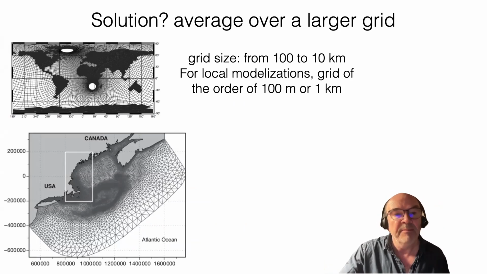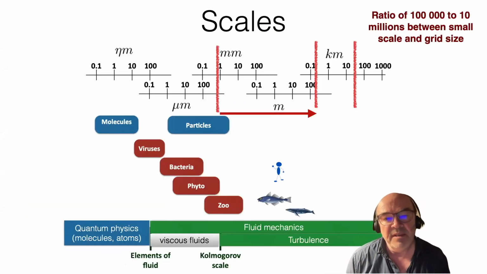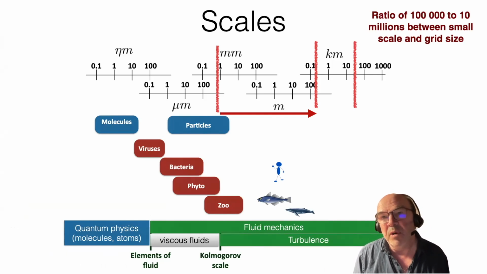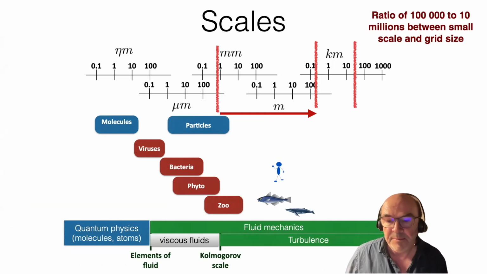So the real dynamics of the system should be resolved at the millimeter scale, which is the Kolmogorov scale, but all the models work at a much larger grid size. There is a ratio of about 1 million, on average, between the smallest scale of the system and the grid size.